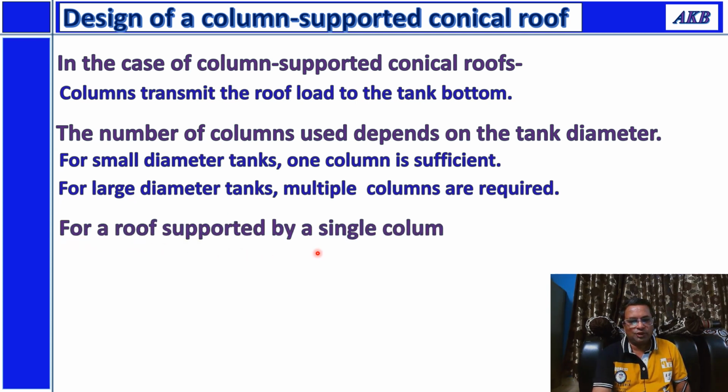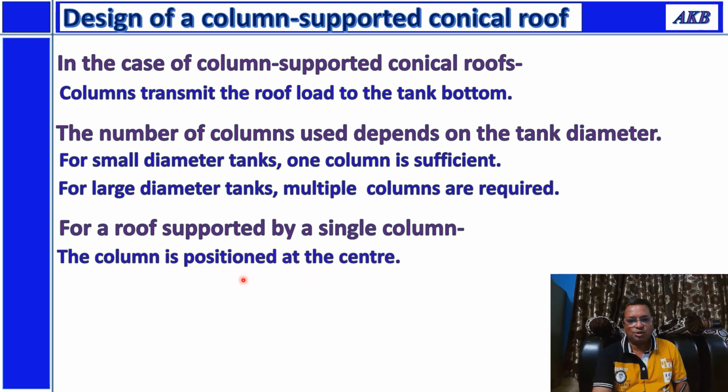For a roof supported by a single column, the column is usually positioned at the center. So if you have a small diameter storage vessel and the roof is supported by a column, one column is sufficient, and if it is a single column, it has to be positioned at the center.